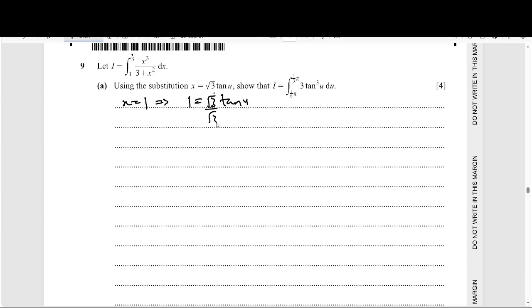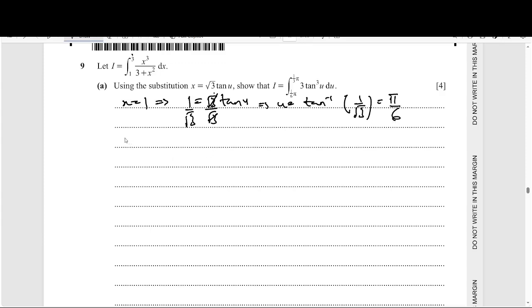Divide both sides by root 3 and take the tan inverse of both sides. It means that u is equal to tan inverse of 1 over root 3. That is tan inverse of 1 over root 3, and that is pi over 6, right? 30 degrees.